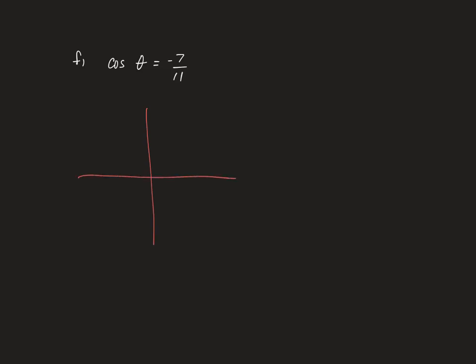So if I have my rotation angle, I now have my cos being negative. So if cos is negative and cos is adjacent, then adjacent is negative. Now I can drop in. My adjacent side would then have to be negative 7, and my hypotenuse would have to be 11.